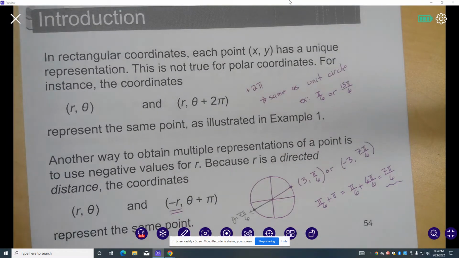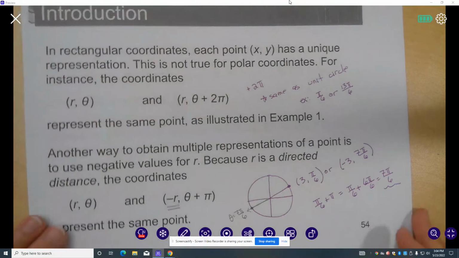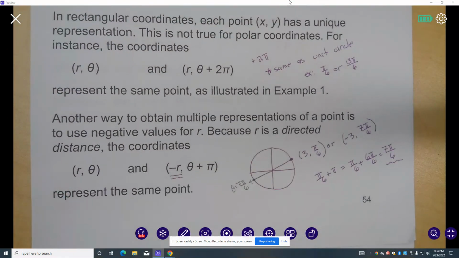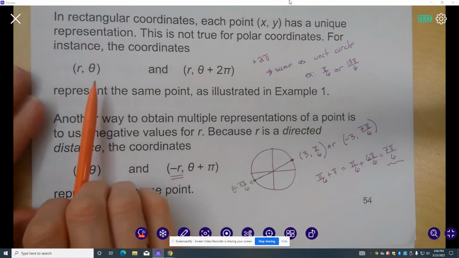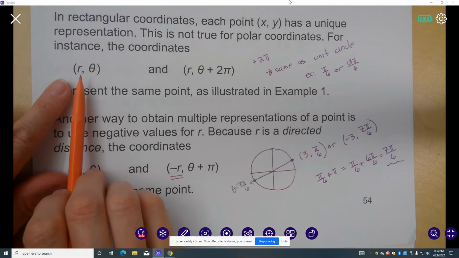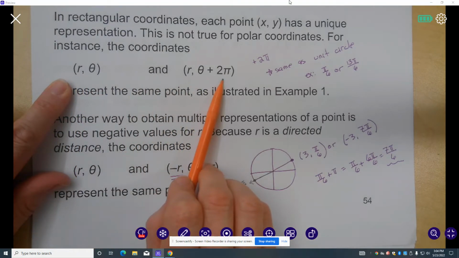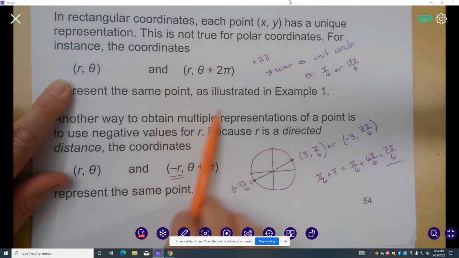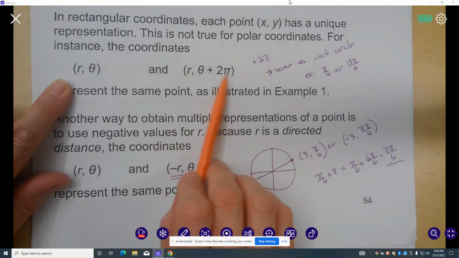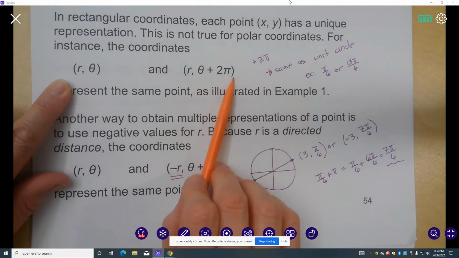Now, this next part is talking about how you can represent the same point two different ways. So there's a lot of words here, but this is not anything new. It's saying if you have an angle theta and you add 2 pi to it, think going all the way around the unit circle again, you're going to have the same point.